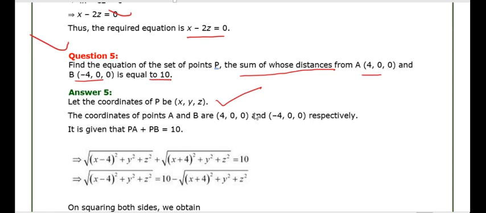Now, if you take the distances PA plus PB, I am getting 10. Alright, so PA plus PB equal to 10, it is given. Means the sum is given. Sum of distance from P to A and distance from P to B equal to 10. Alright, but the next step is very crucial.